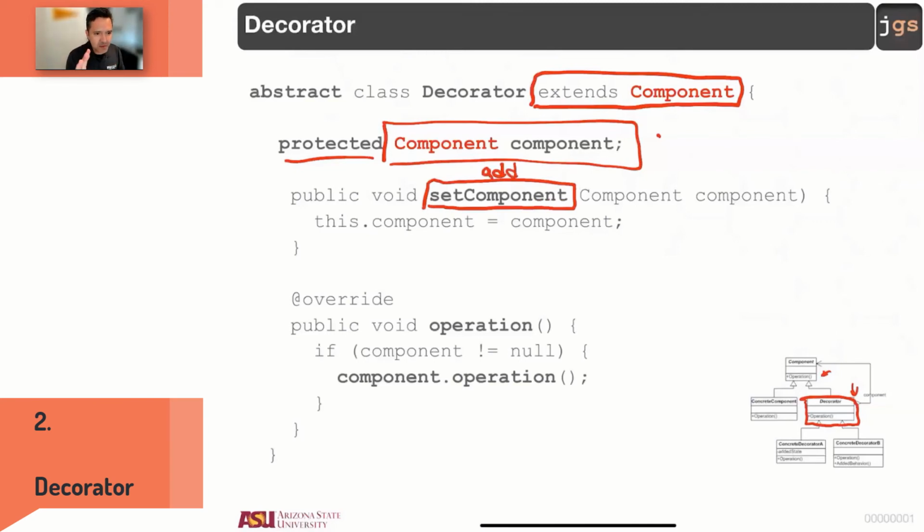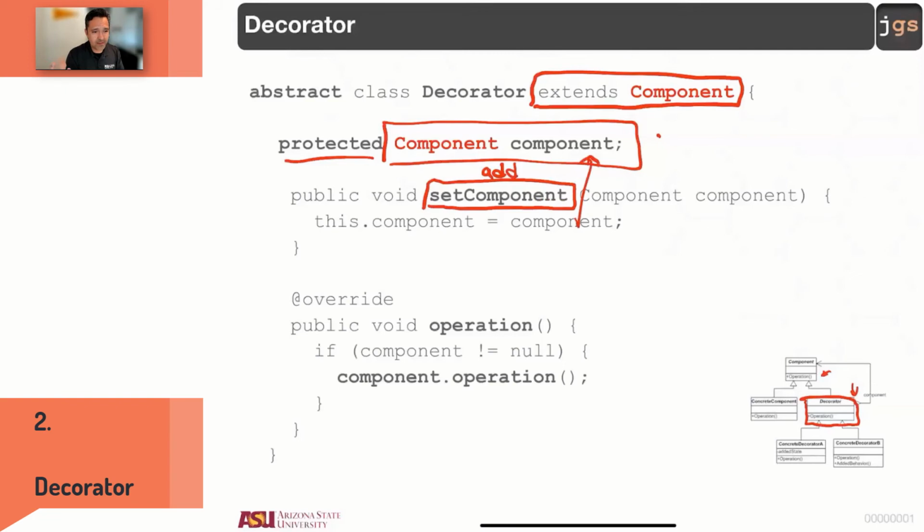You can use the name that you want. In the original pattern, the name of the method is setComponent. It's a setter. This guy is the one that in the graphical user interfaces in Java is called add. Is the method that allows you to add a value, to provide a value to your variable.